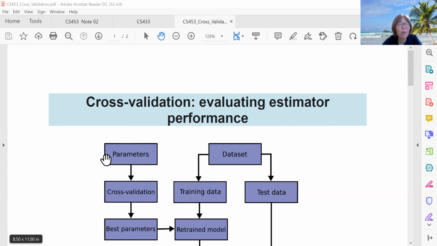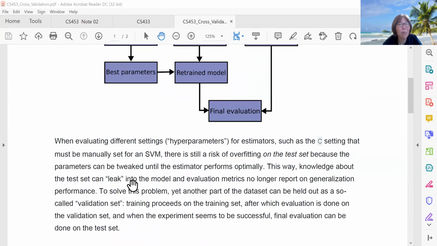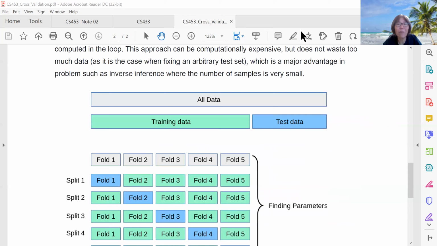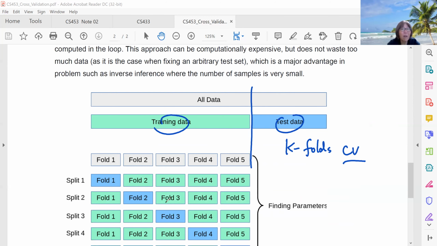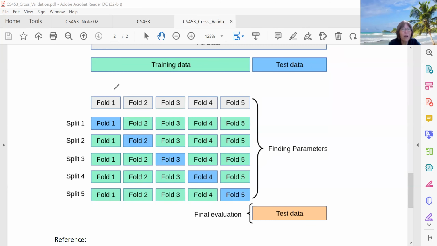It's basically on some data set, where your purpose is to find the best parameter. In the real world, a lot of the time we have k-fold cross validation. Here you split all the data into a training data set and a testing data set. Then the training data set is further split into multiple folds.